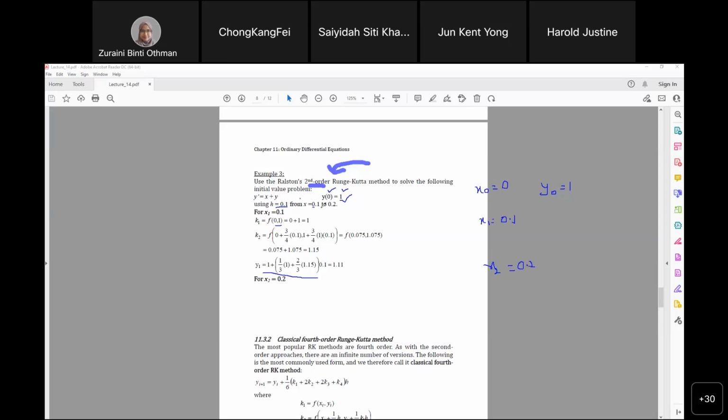Okay, so we have to solve for 0.1, 0.2 only. Then after we get x1, we have to find y1, and we find y2 as well. These are the two things we have to find using the second order Runge-Kutta method.